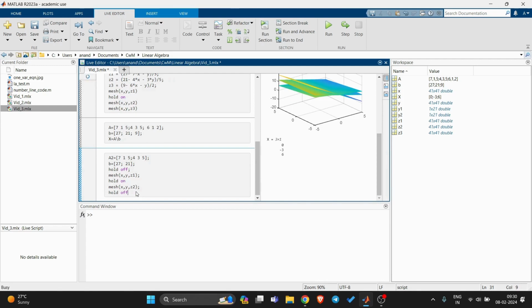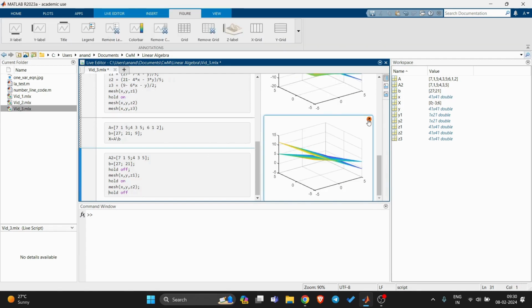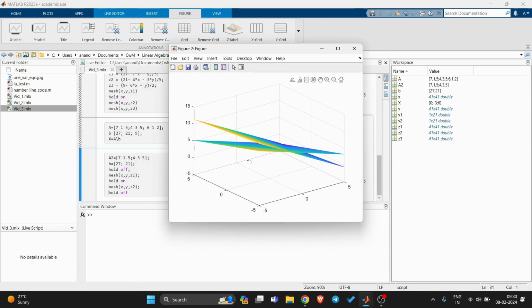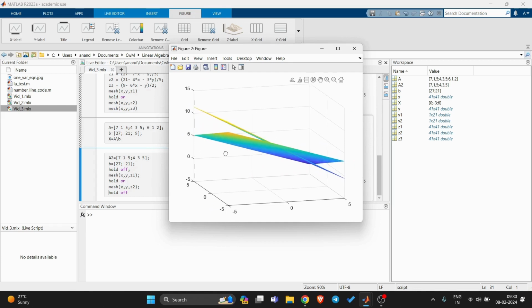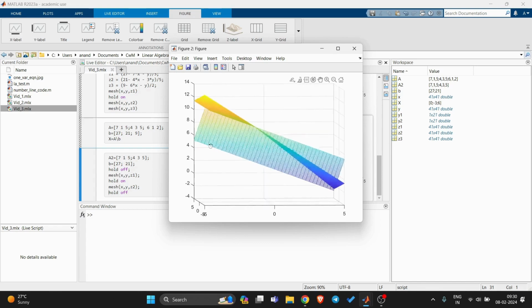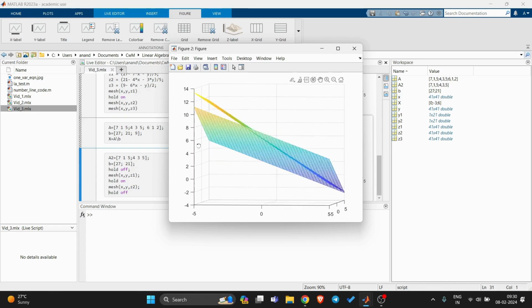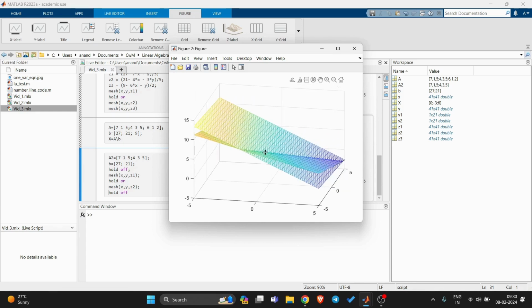So when you look at this graph here, you can see that there are many valid solutions possible to the system of equations. So all the points in the line formed by the joining of these two planes are solutions to the system.